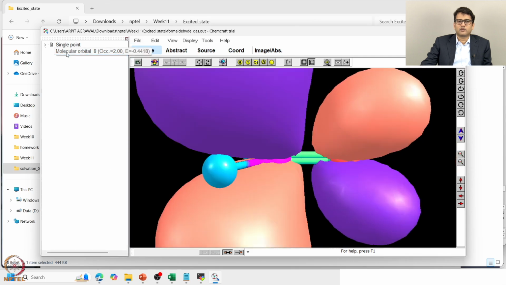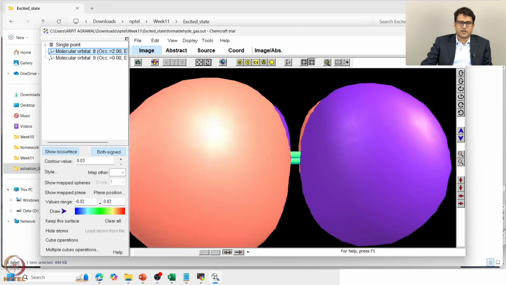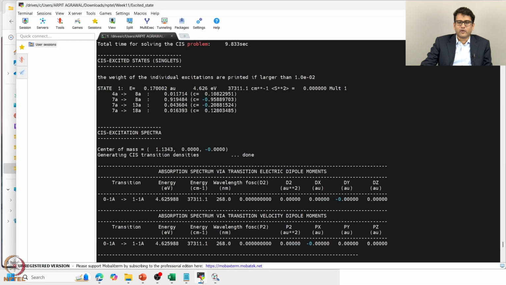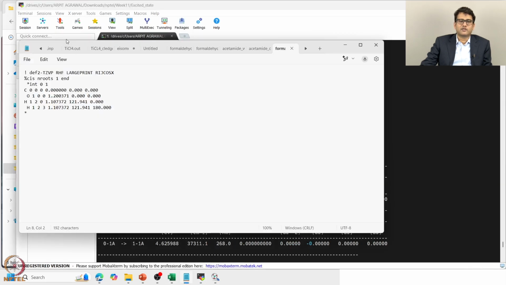So, this is n to pi star kind of an excitation. We have seen before also. Now, let us run the same calculation in water.